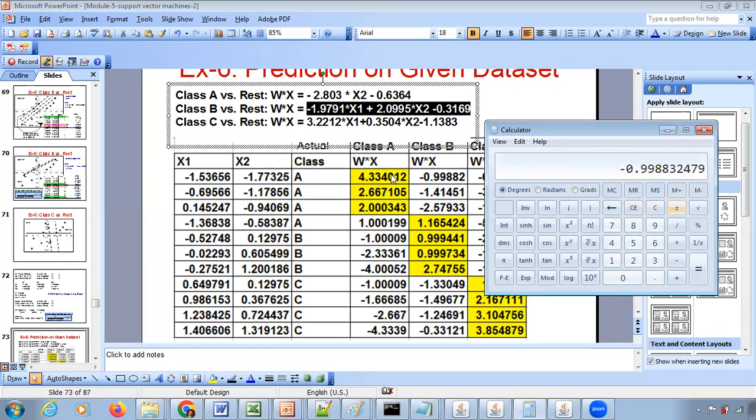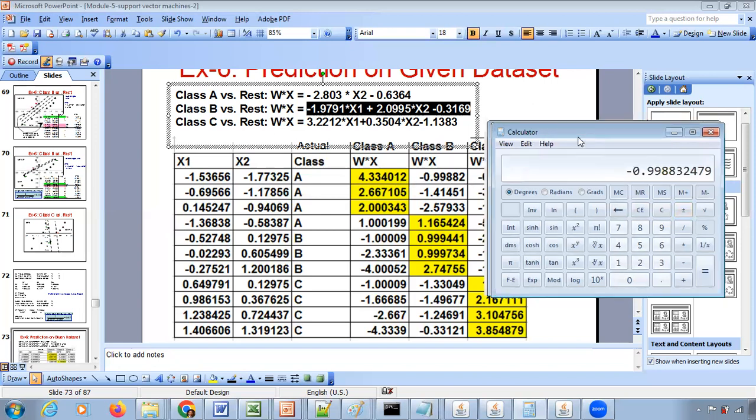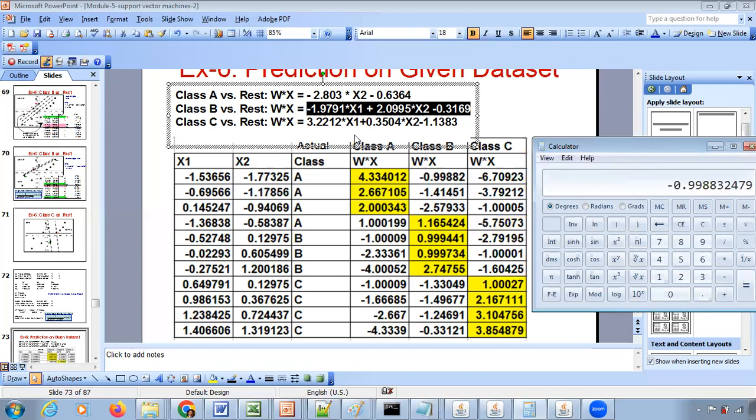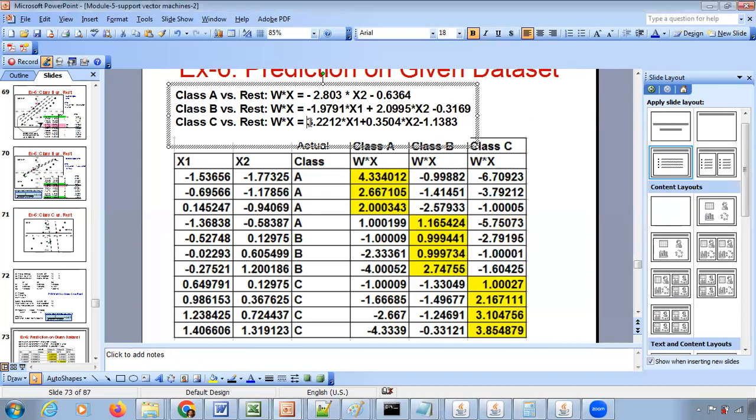So that's going to be negative 0.999882. And then for this one, by using x1, x2 here, we get this number.